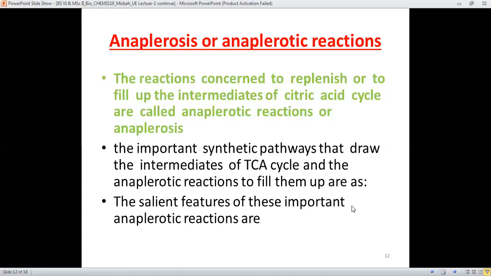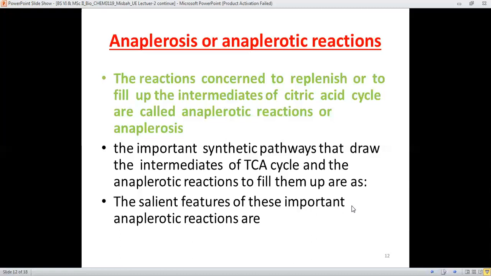Therefore, this providing of a compound back to a certain pathway is called the replenishing or filling up of intermediates. And these reactions, which are responsible for filling up the intermediates of the citric acid cycle, are called anaplerosis or the anaplerotic reactions.